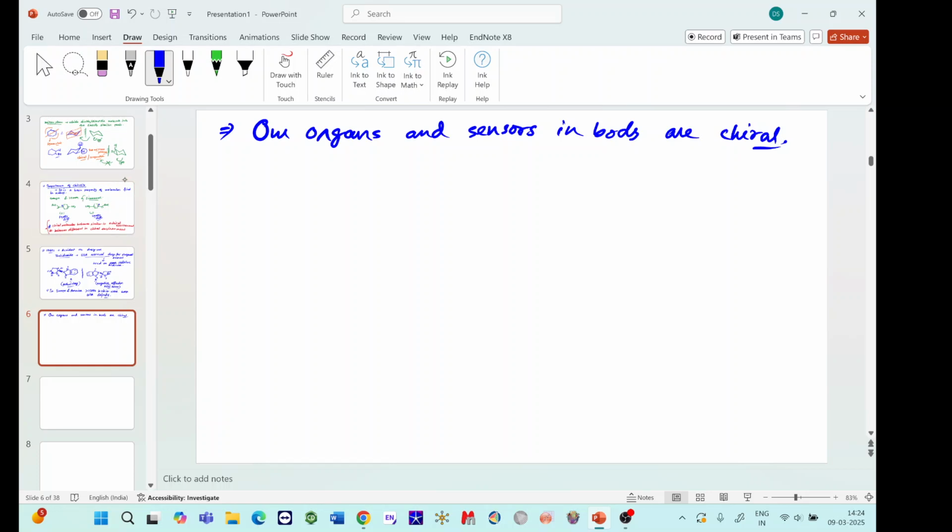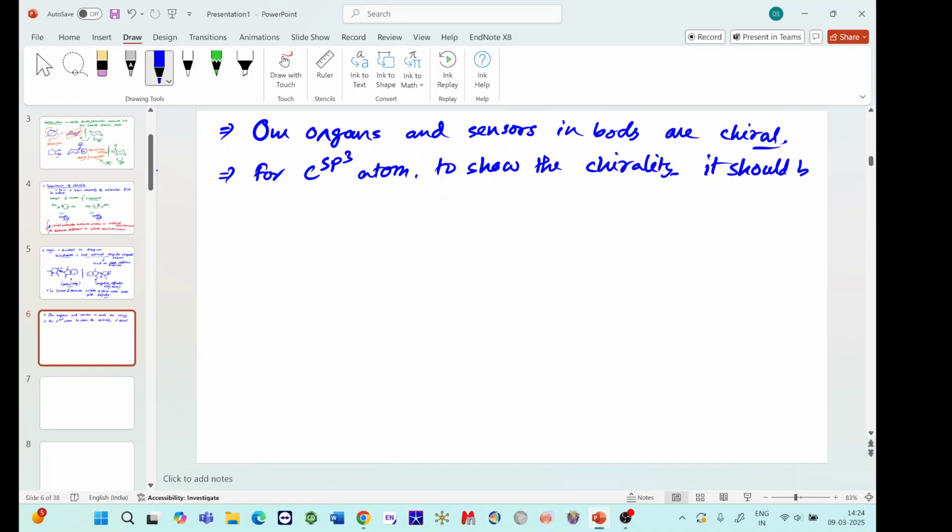So now, as I already have told you, for a carbon sp3 atom to show chirality, it should be connected to four different groups.